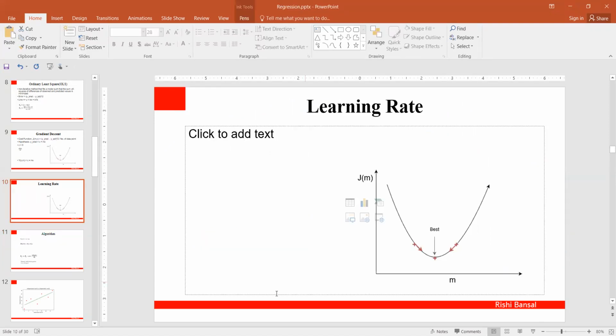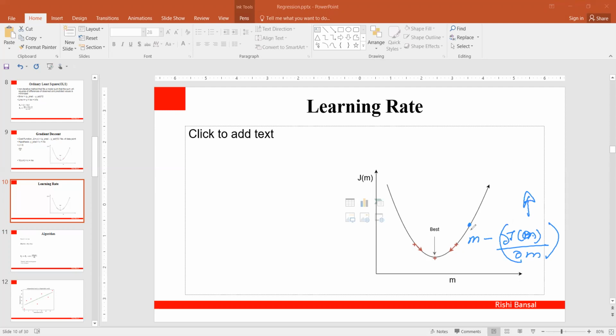Now one more concept I want to explain here: learning rate. As I said, at this point we were doing m minus the derivative of j with respect to m. Now, suppose this term is very, very big.